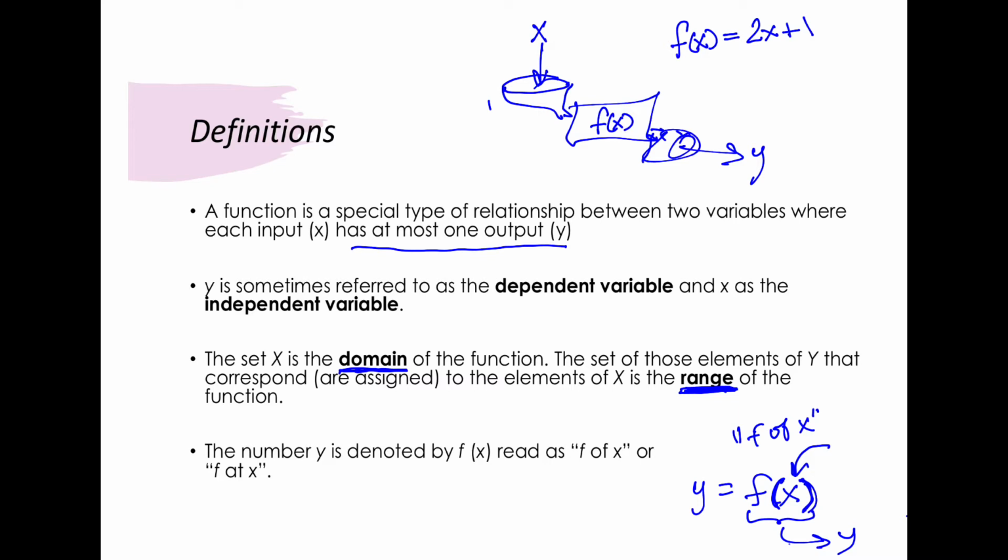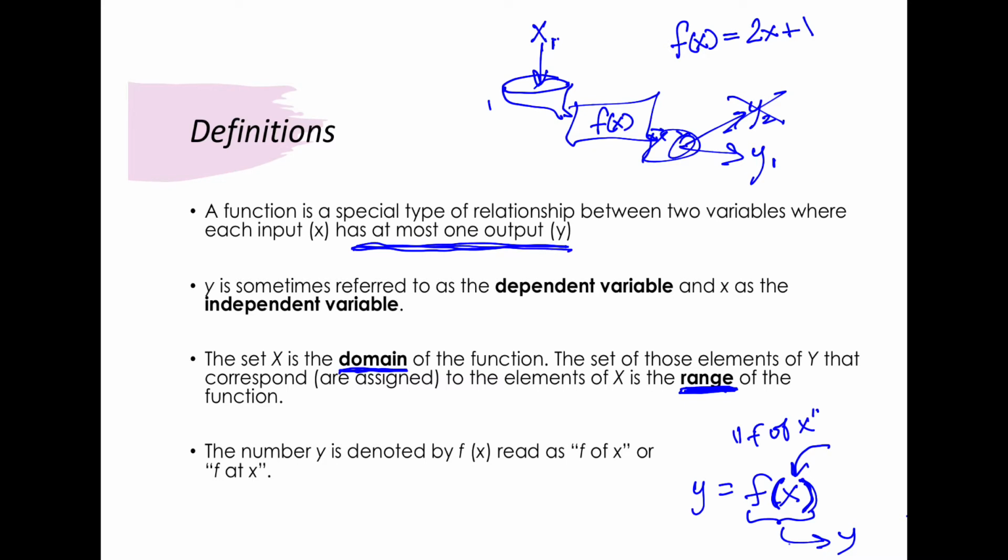For example, on a keyboard, we wouldn't hit the space bar and sometimes get a space and then sometimes get some other output, like an x. We're not going to hit the space bar and get x as an output half the time and then have a space put in the other half of the time. So every x should have a consistent and reliable y output. If we get more than one y output, then it is not a functional relationship. And that's what we mean by every x has at most one y.